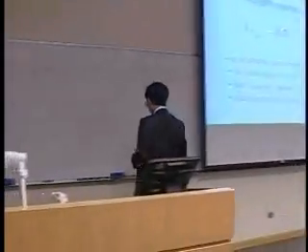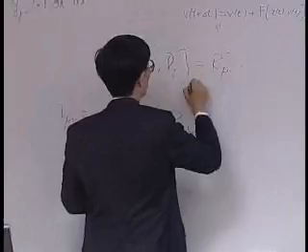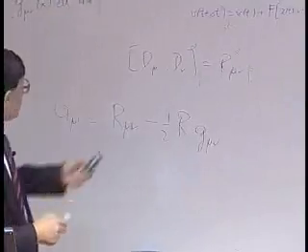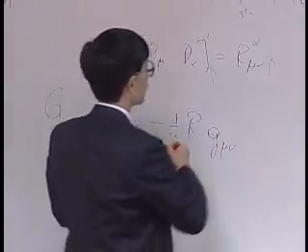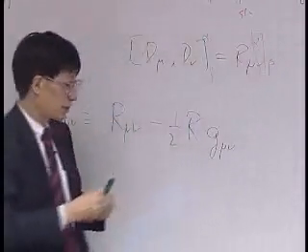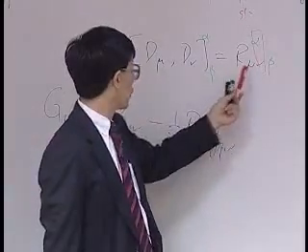No, I have to be a bit more careful. This is actually a matrix, so it has 4 indices. This R actually has contracted these 2 indices. All right. So this is what's called the Riemann curvature tensor.